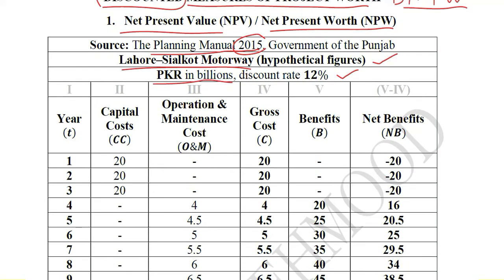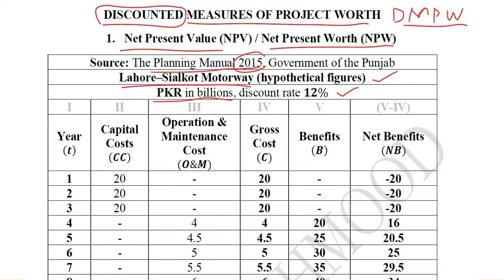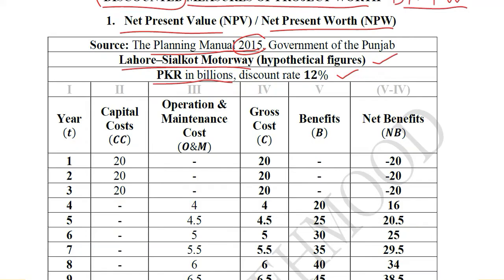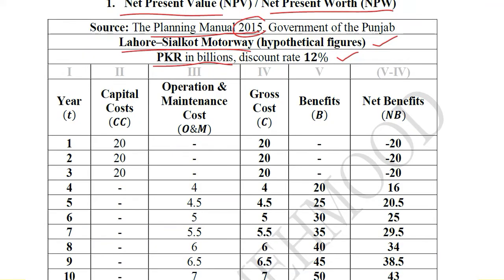As we have mentioned, these are the discounted measures of project worth. So in this first measure, the name of which we haven't discussed, because we will discuss it at the end once we solve it, the discount rate is given, and usually it is given. If it is not given, we can consider it equal to 12% in case of Pakistani projects, because in case of Pakistan, this is mandated by the planning machinery, that is Planning Commission, and usually it is 12%.